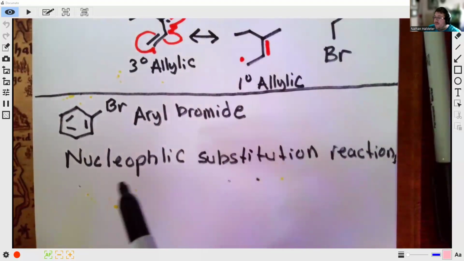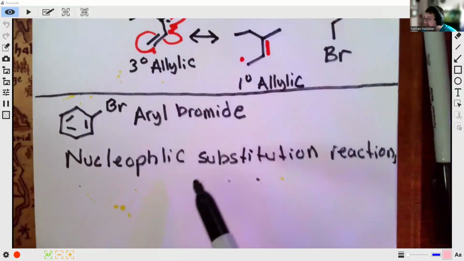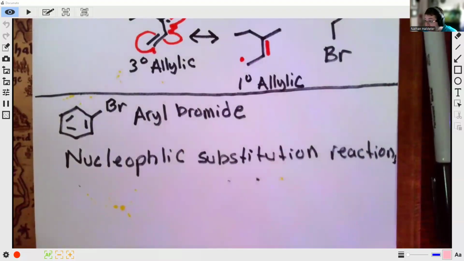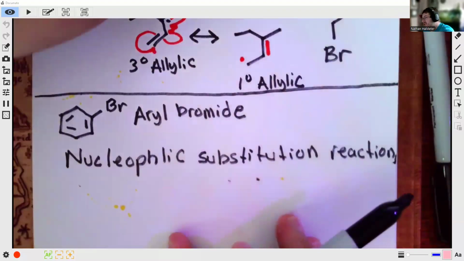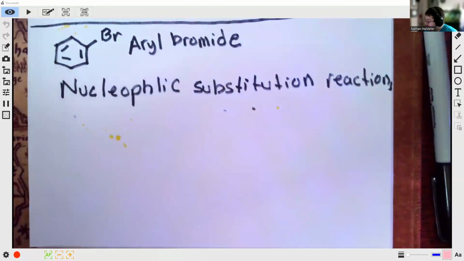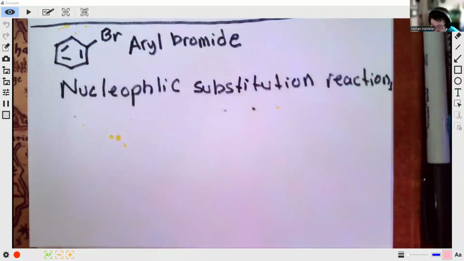Nucleophilic. So we should be thinking nucleo, sounds like nucleophile, nucleophilic. Substitution, we're swapping something out for something else, and a reaction, it's a chemical reaction. So here's the general, put this in a fun color because it's important, general reaction scheme for a nucleophilic substitution reaction.